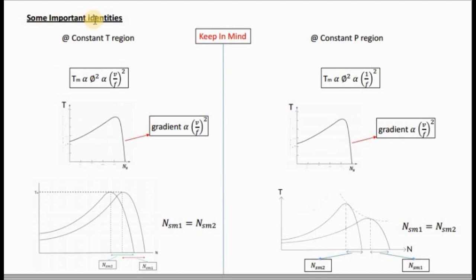Some important identities. Now we previously learned that an induction motor has a constant torque region and a constant power region. You can keep in mind these equations, no need to derive them, and you can directly use these equations in your exam problems.